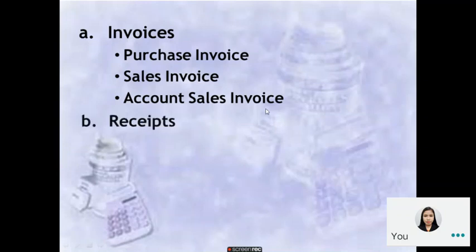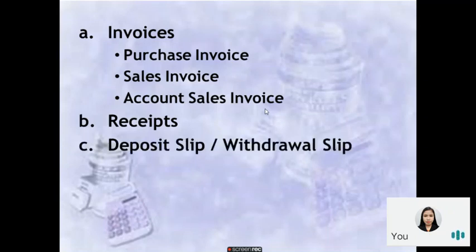Next is the receipt. This is the most basic source document that a business may have based on its events or transactions. Deposit slip or withdrawal slip. Those are the bank transactions that the business may encounter. If you were going to deposit your cash on hand, this will be turned into cash in bank as an account title in the accounting.